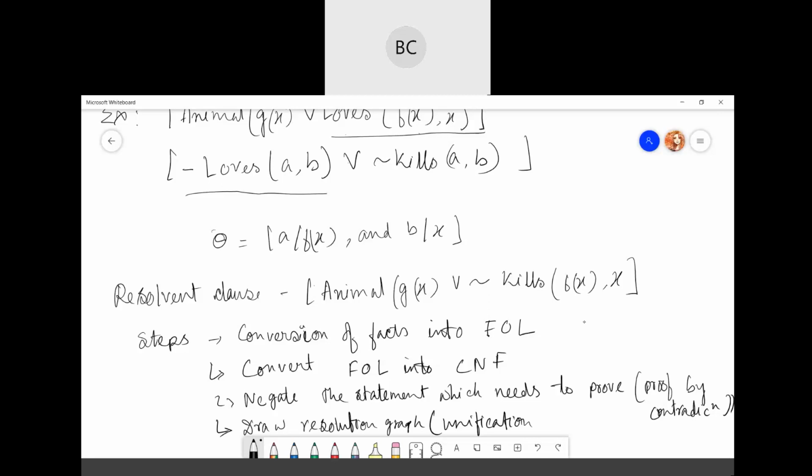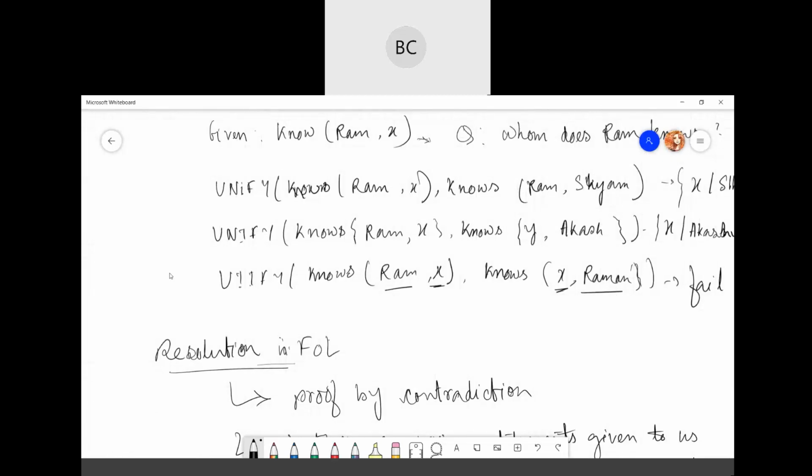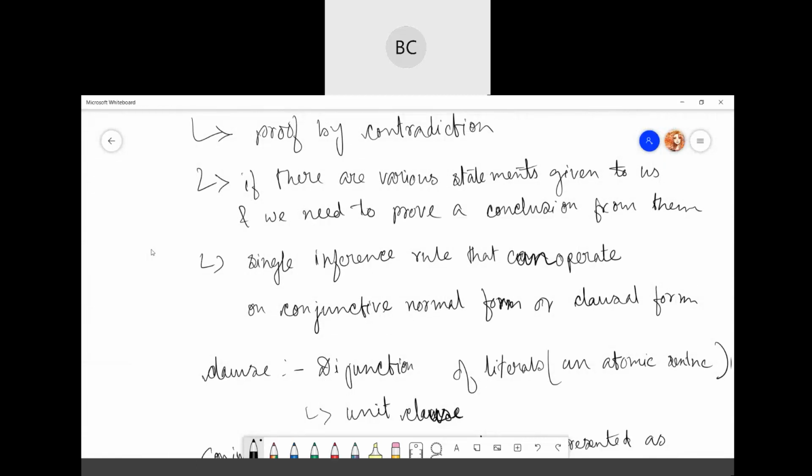So for resolution and unification, the algorithm I'll provide later. Then you guys just check it. Otherwise, it is going to take lots of time to see both the algorithms. So today just here. Tomorrow we will check forward chaining and backward chaining. Then we will end this topic of knowledge base one.